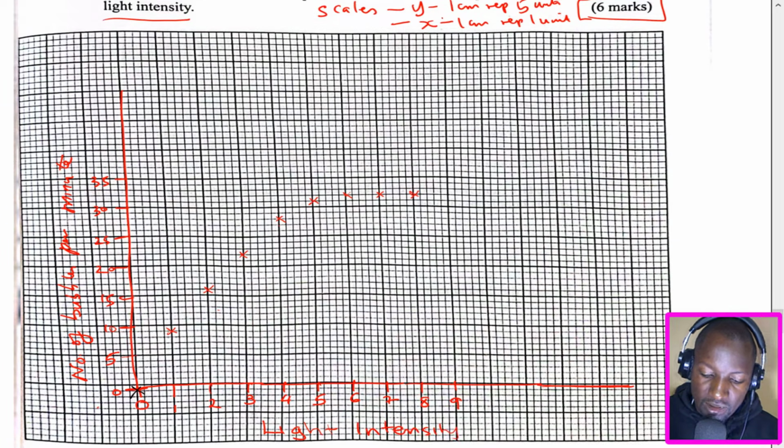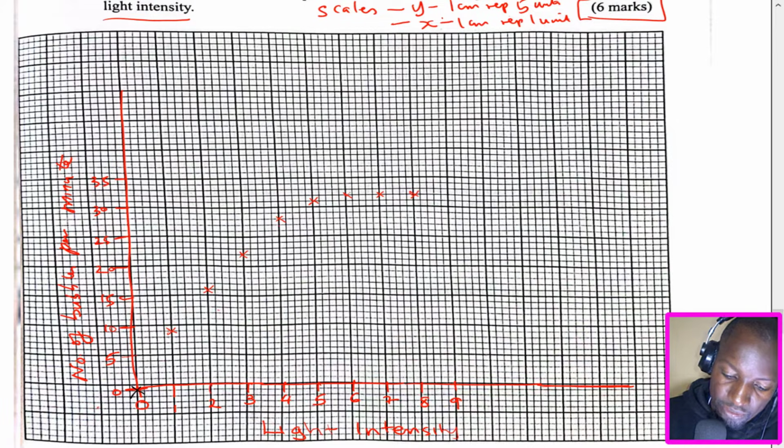Now, after plotting, we join those points. When you're joining the points, kindly join with a smooth curve, as smooth as possible, and it should be as thin as possible to increase the level of accuracy.